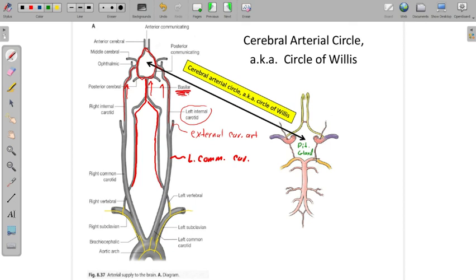And you pressurize this circle, and so here's the circle again. And you get that circle pressurized, and then you can take off these, and you supply the cerebrum.